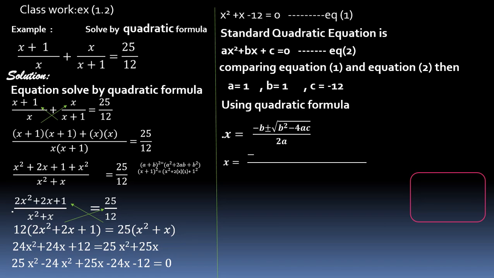Putting in the values: b = 1, so minus 1 plus or minus the square root of 1 squared minus 4 times a = 1 times c = -12.